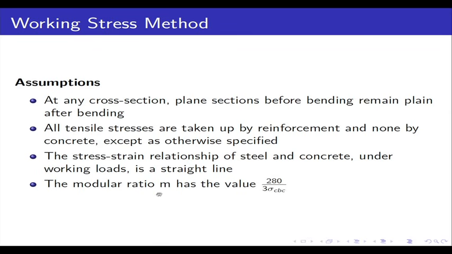In that case, we find it in an indirect manner, the modular ratio m, which will be 280 by 3 sigma cbc. Very interesting part, we shall consider this sigma cbc. Please note down this 3 sigma cbc, because we shall relate it in the next one.